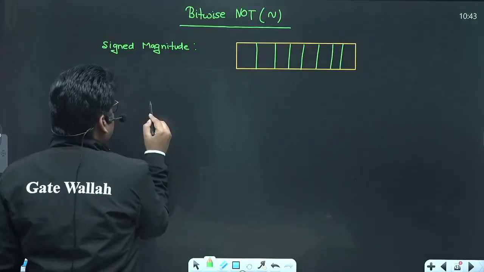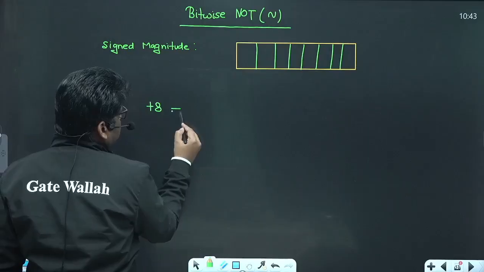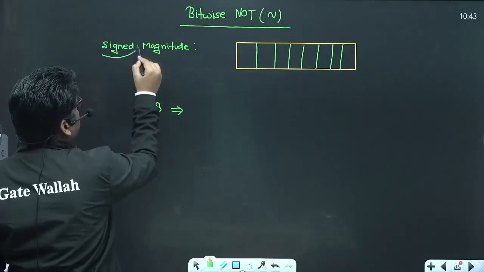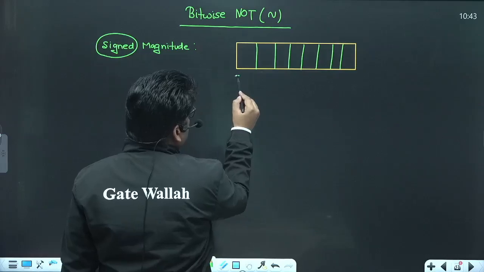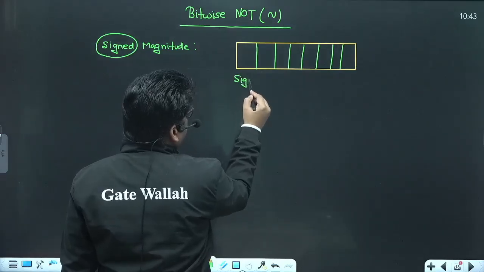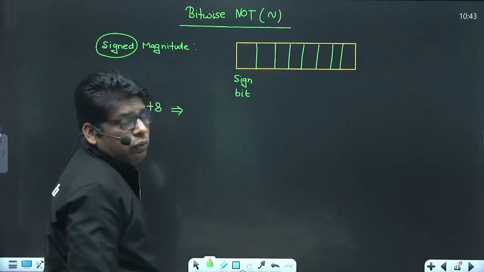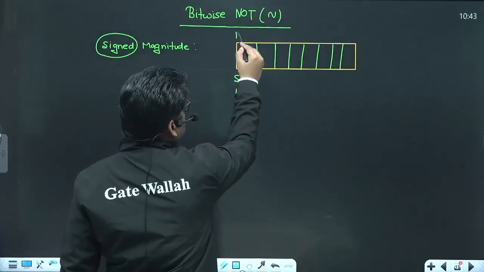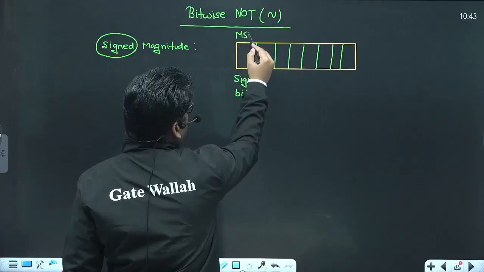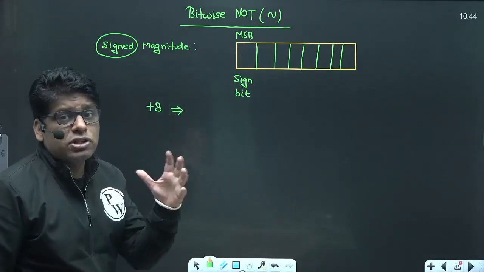For a positive number, signed magnitude, what does that mean? Signed magnitude says that 1 bit is reserved for sign. That is the MSB, most significant bit. The most significant bit is reserved for sign.